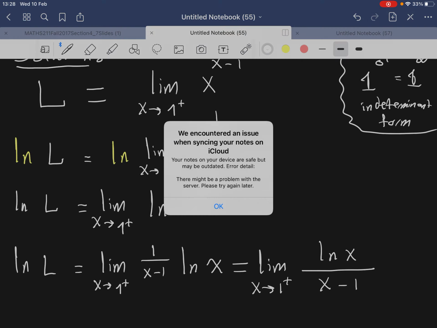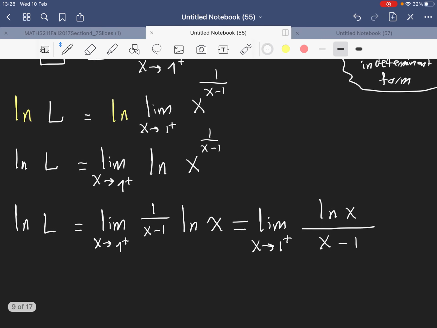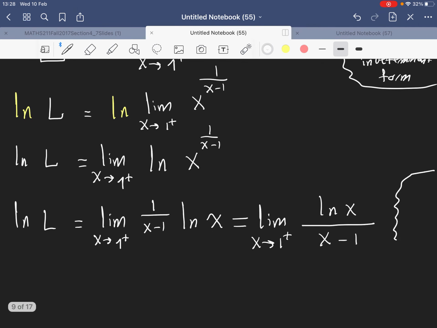I think now this seems to be a perfect situation to use L'Hopital rule, but before I use it, let me do direct substitution. If we substitute 1, we get ln 1 plus over 1 plus minus 1. ln 1 is 0, 1 minus 1 is 0, so perfect, I can use L'Hopital.